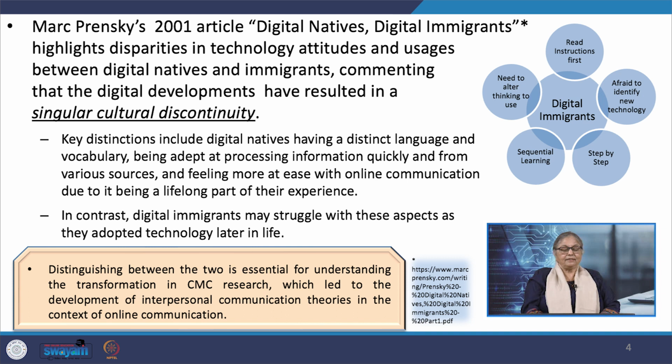Distinguishing between these two is essential for understanding the transformation in CMC research also. It led to the development of interpersonal communication theories in the context of online communication. In the early days of internet research, we find that most scholars were digital immigrants and they had to adapt to the internet which was introduced when they were already relatively mature in age.